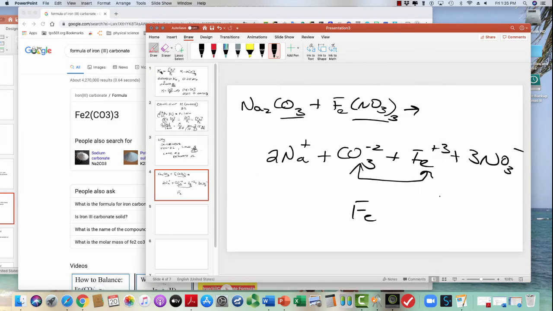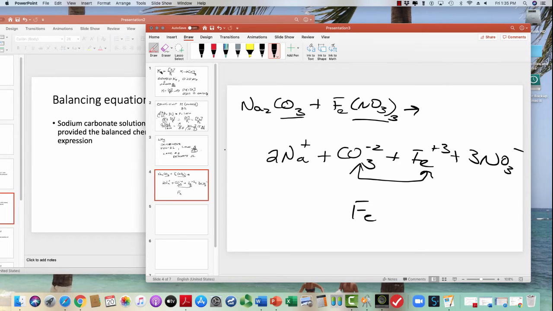So if we come back to here, whoops, let me make this go down. Our compound is going to be Fe2(CO3)3. Let me erase this again. Sorry, folks. I keep hitting the wrong button.